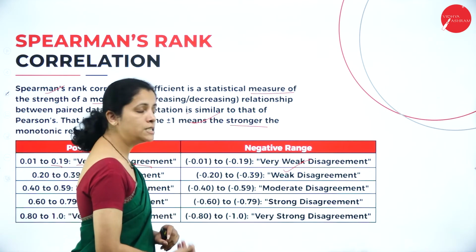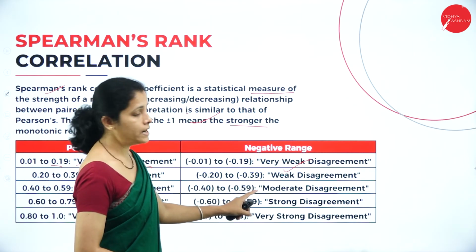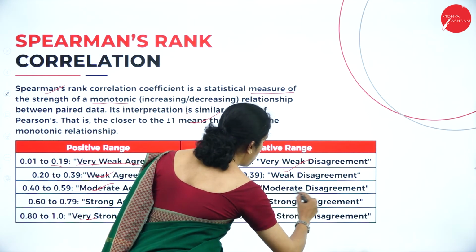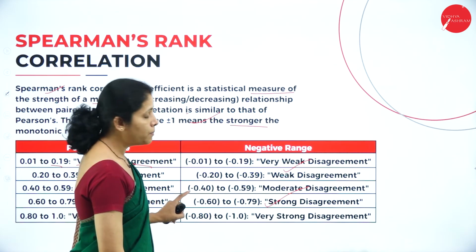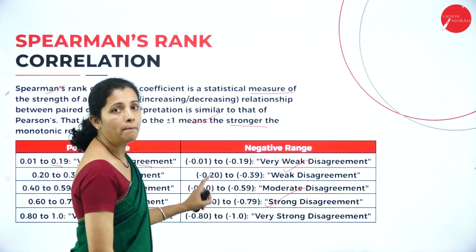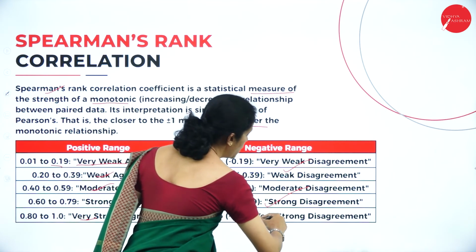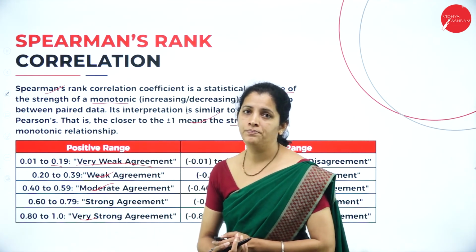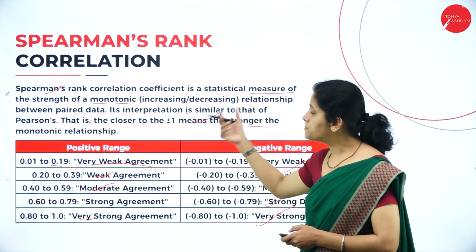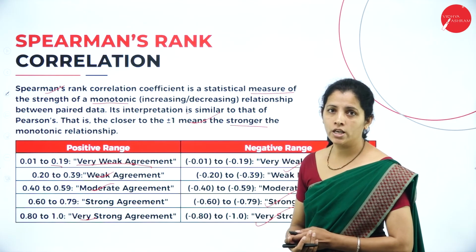If it is minus 0.60 to minus 0.79, then it is strong correlation. If it is minus 0.80 to minus 1.0, then it is very strong negative correlation. So, this is the explanation regarding Spearman's rank correlation.